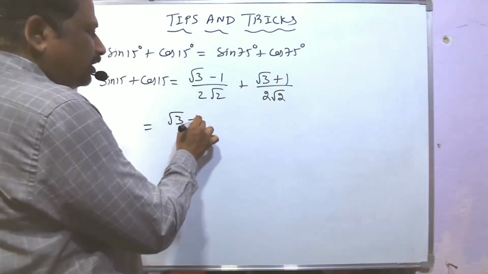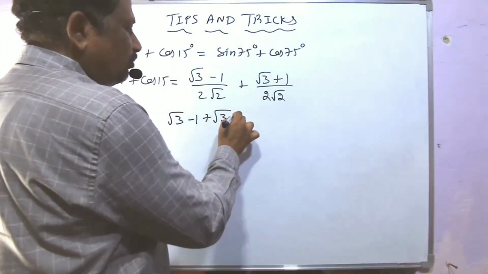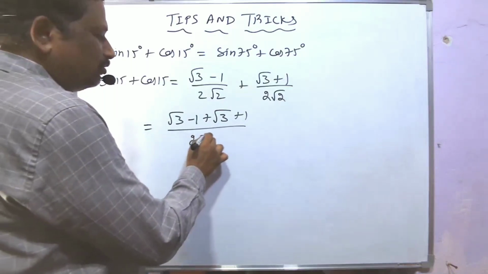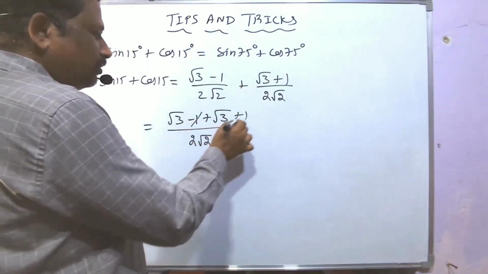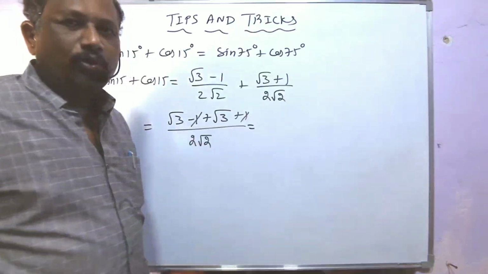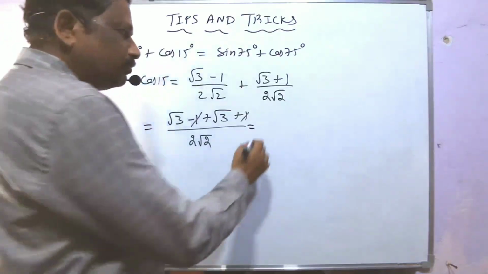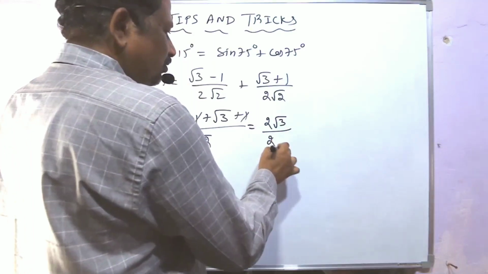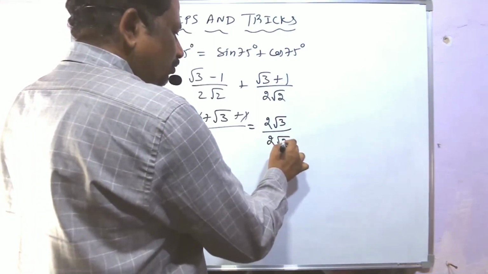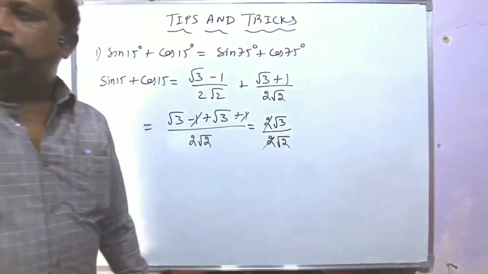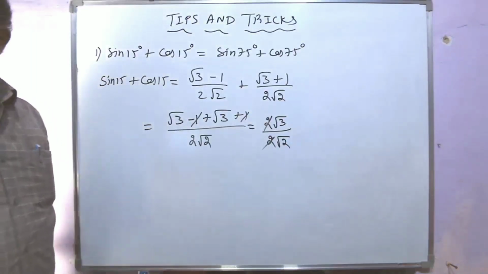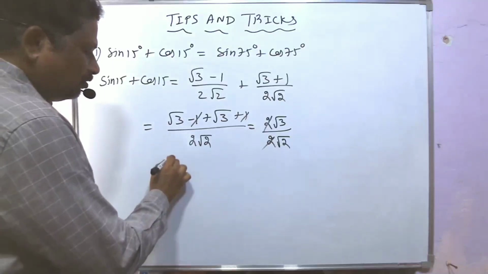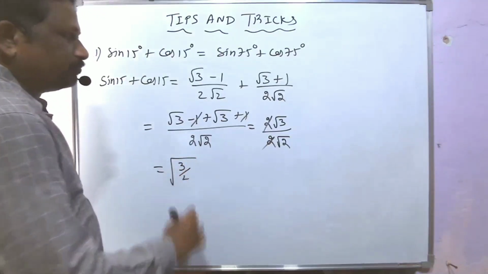Root 3 minus 1 plus root 3 plus 1. Denominator is the same, no? Plus 1 minus 1 gets cancelled. Root 3 plus root 3, 2 root 3 divided by 2 root 2. 2 gets cancelled. So what is left here? Root 3 by 2 under root is left.